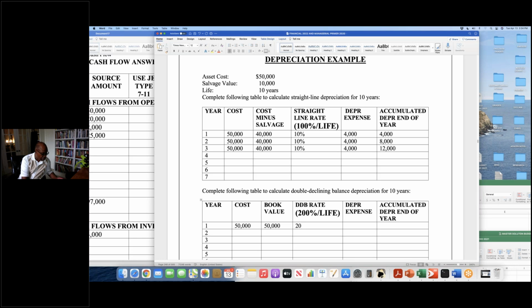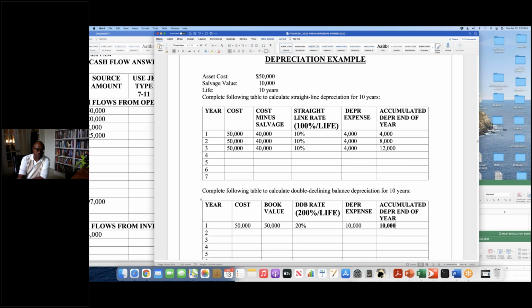So our depreciation is going to be 20% of 50,000. So it's going to be how much? So when we use double declining balance, we are writing off more early. Straight line is 10% a year. So now instead of the accumulated depreciation being 4,000, it's going to be 10,000.